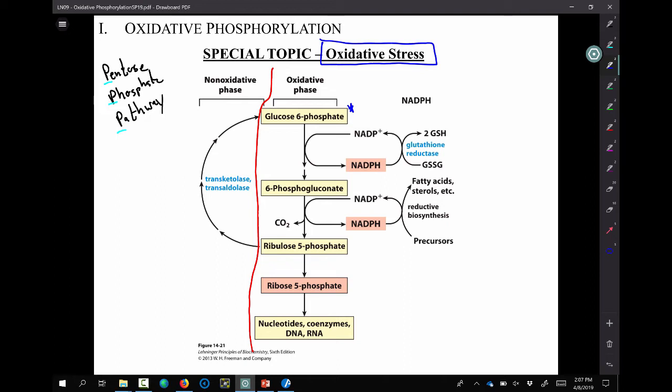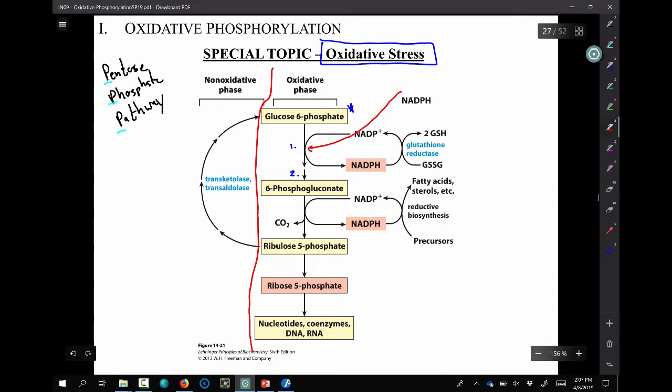Glucose 6-phosphate has a number of fates in the cell, and one of them is shown here. There are two enzymatic steps here, number 1 and number 2, recognized by that small little arrow. But two steps will essentially oxidize glucose 6-phosphate to 6-phosphogluconate. Now, here's where we want to start making our connections to this.